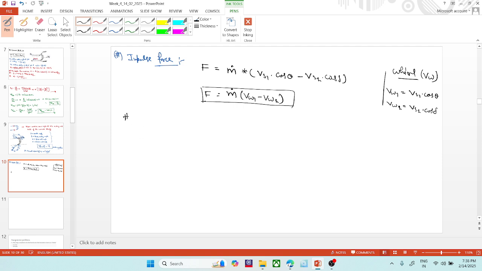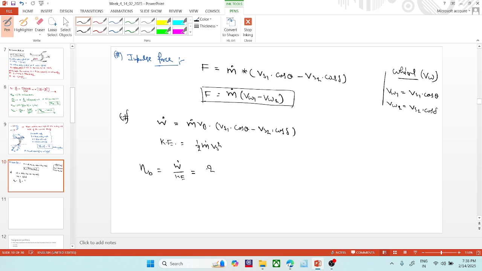Now the power we can write as W dot would be F into VB. So the expression would be m dot into VB into VS1 cos theta minus VS2 cos del. And the expression for the kinetic energy we already have is half m dot VS1 square. So the blade efficiency for this case would be W dot by KE.